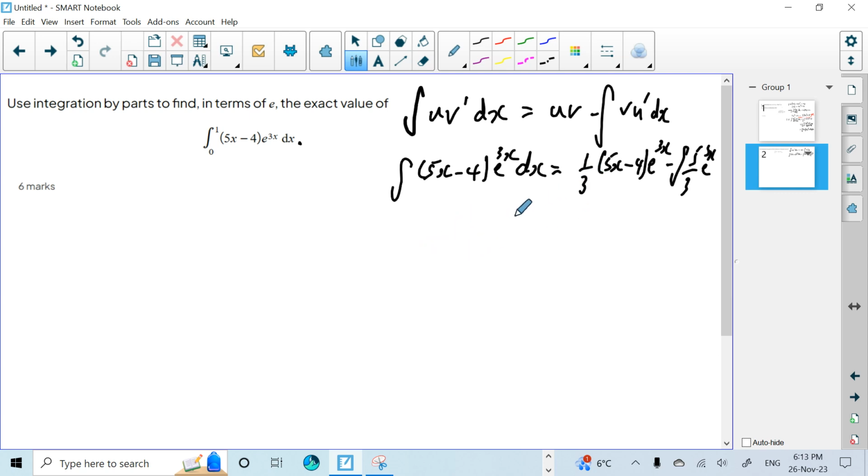We need some more space, so I'll put the equal sign over here so we don't get squashed up.